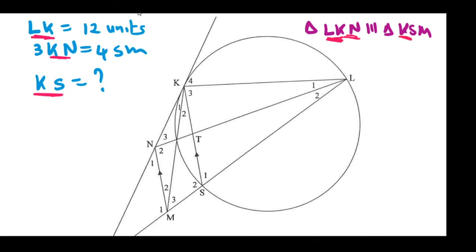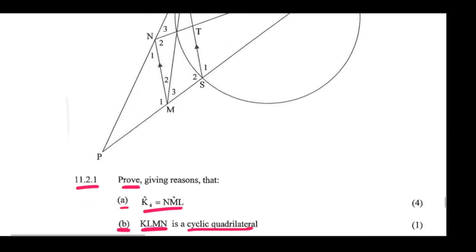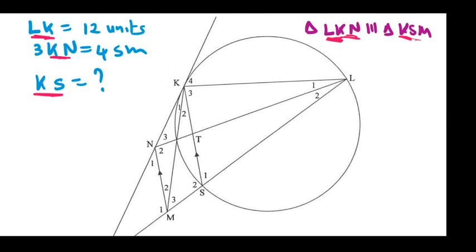So we need to just identify SM, because we have every other side besides SM. For us to do that, we need to note that the question says 3KN is equal to 4SM, right?